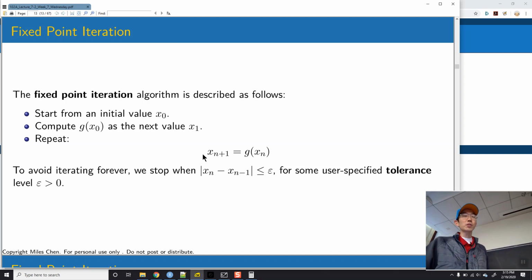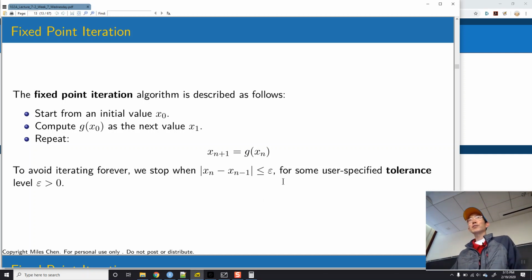We do this over and over until the difference between x at time n and the previous value, x at time n minus 1, is less than some tolerance level, e, then we'll stop. If we say the difference has to be 0, that's probably never going to happen, okay?